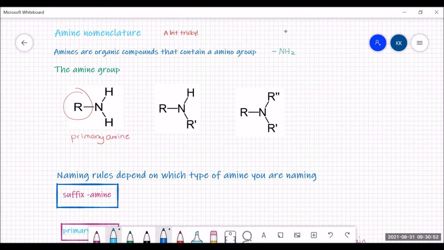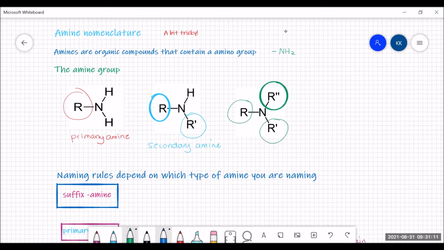If the nitrogen is attached to two alkyl groups, then we have a secondary amine. And if that nitrogen is attached to three alkyl groups, then we have a tertiary amine.